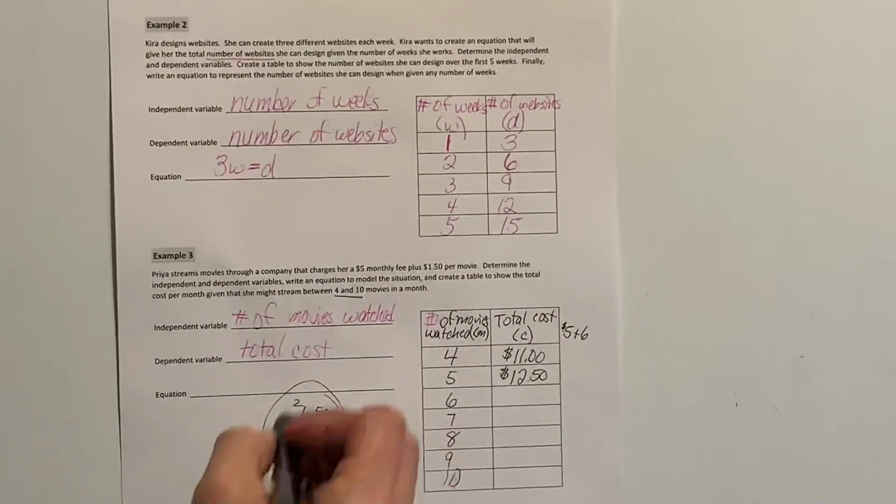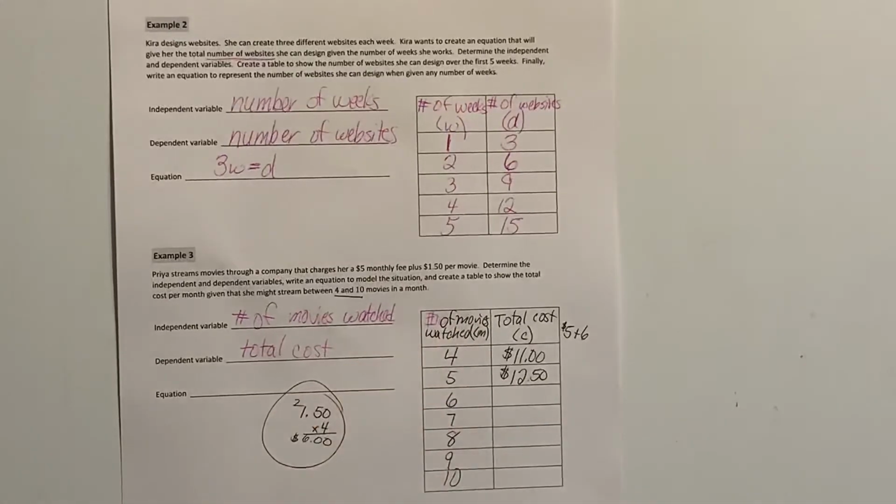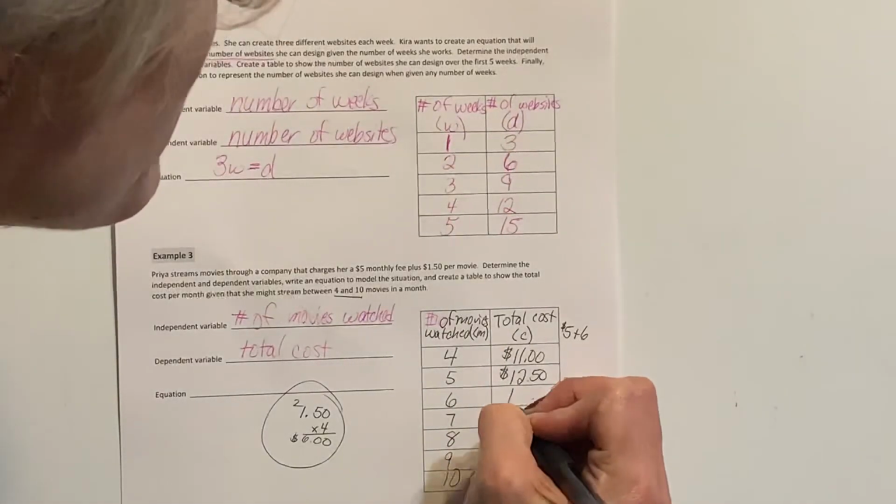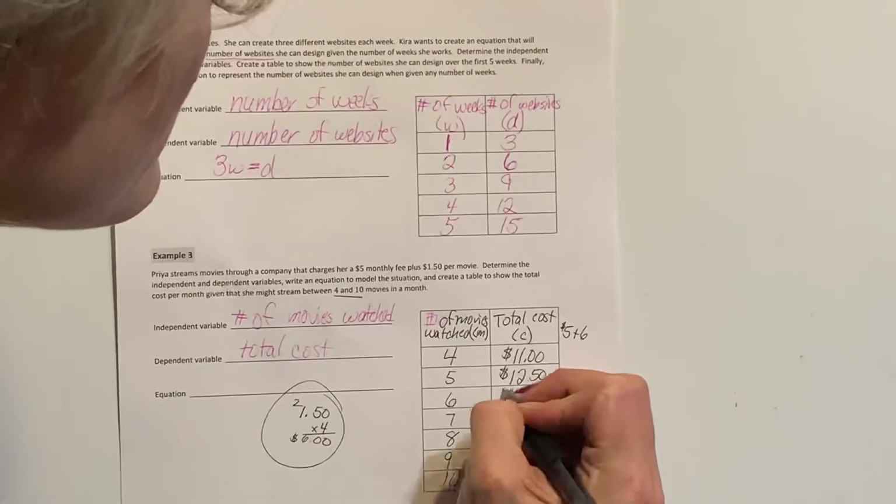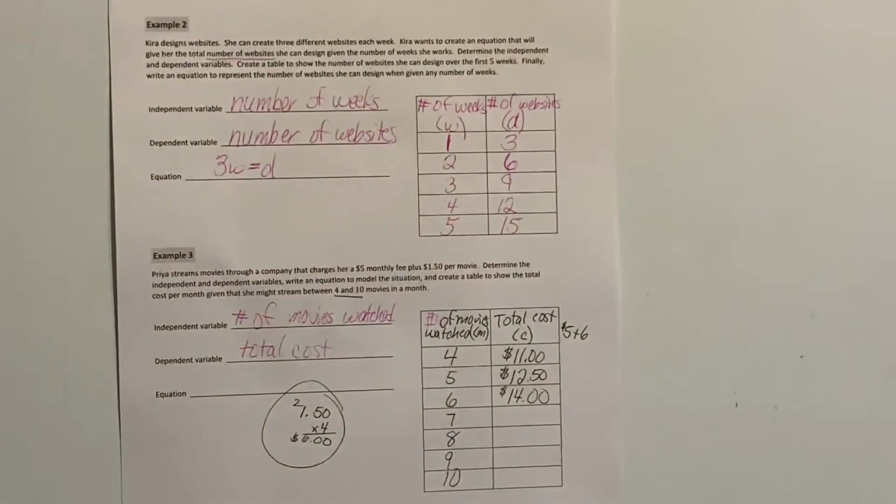So after I've done this original calculation, I'm just going to go up $1.50 each time. That might be a key to the equation. So if I add another $1.50 to the $12.50, $1 would be $13.50, and then 50 cents more would be $14. So for 6 movies, she would be charged $14.